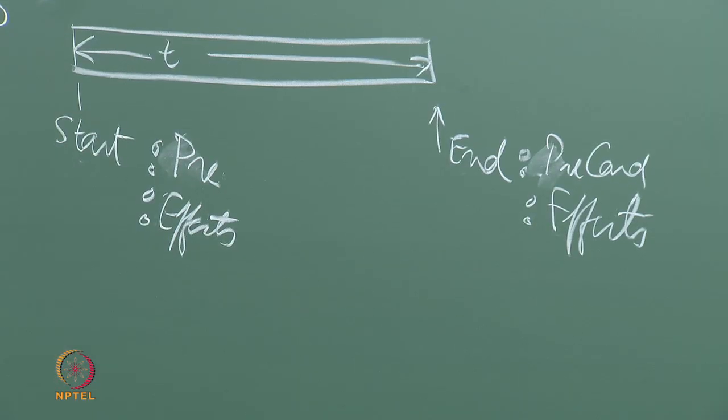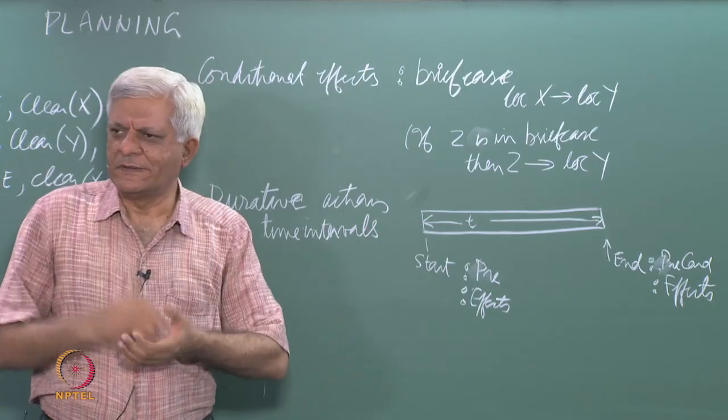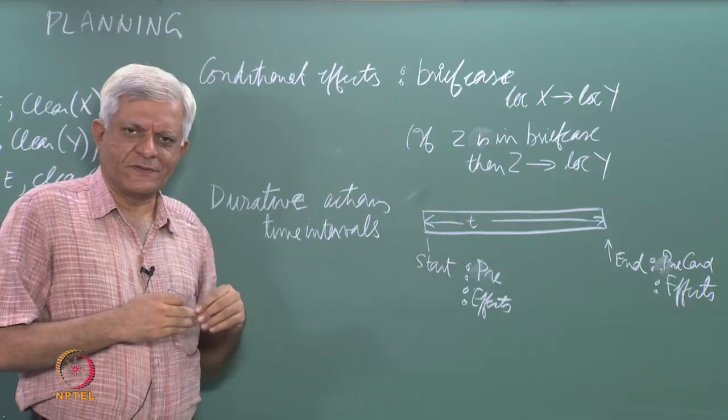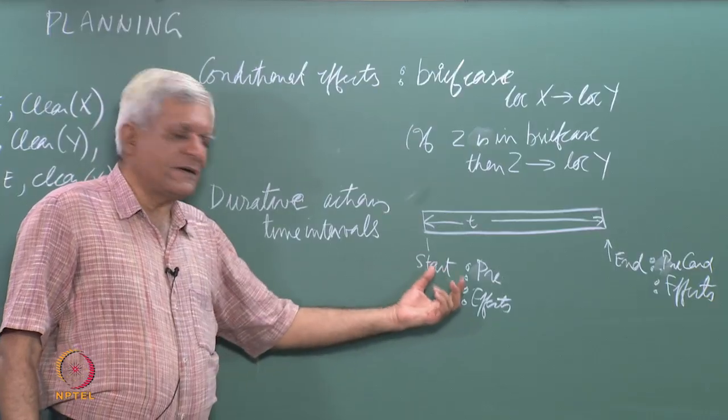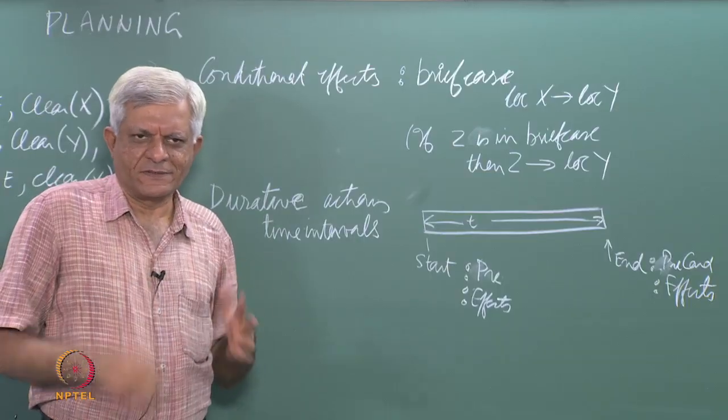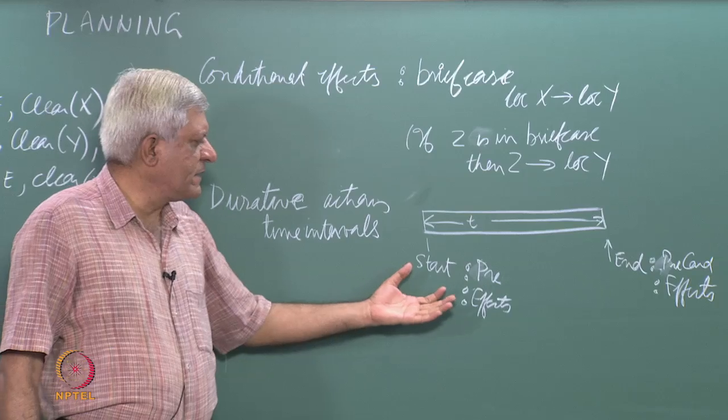So, what do we mean by this? Let us say that you want to go from here to a lab in the department and we have defined an action for that. The start precondition is that you should be here and maybe you have a bicycle or whatever other preconditions that you have there.